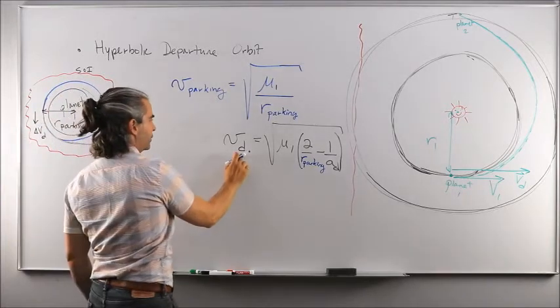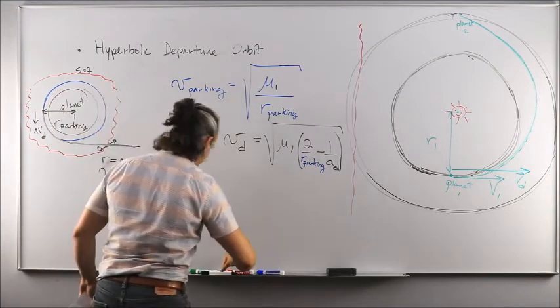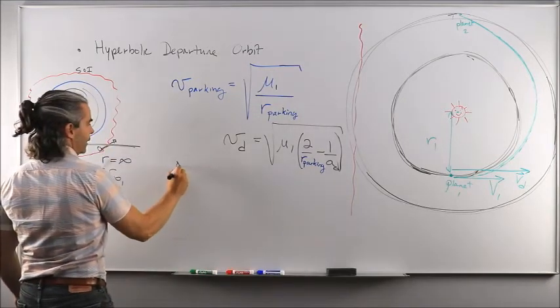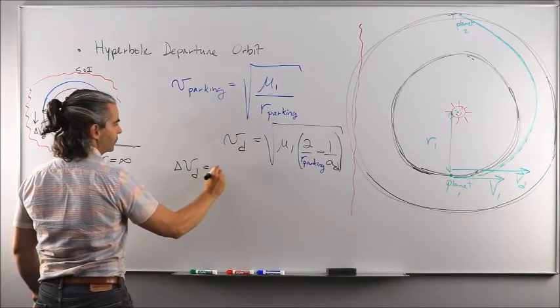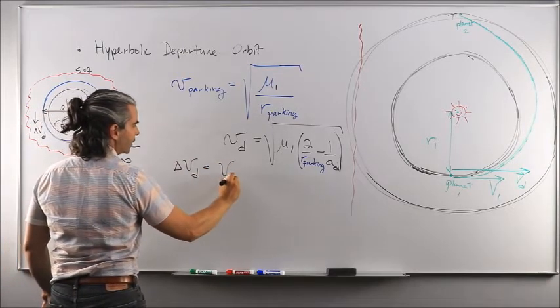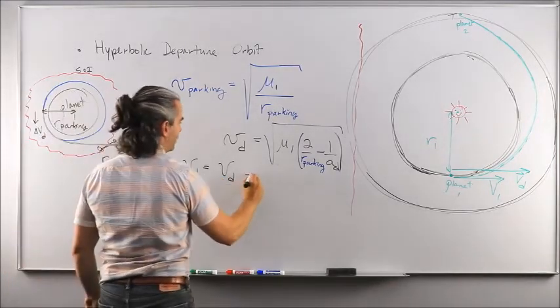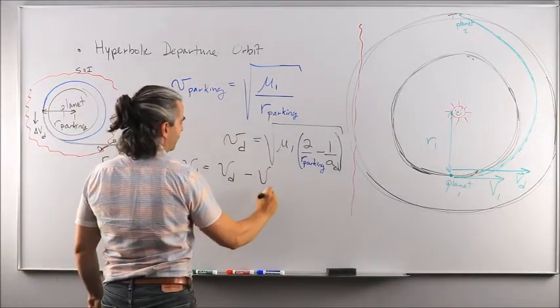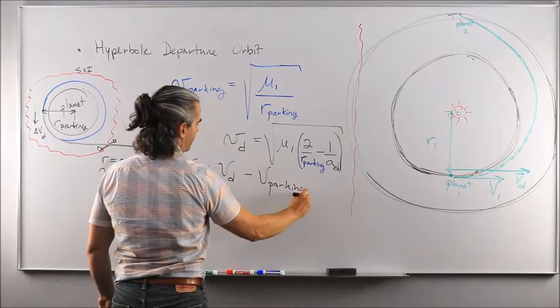Well, obviously this one is going to be much greater than that one, so ultimately we're going to write that the actual burn maneuver, delta V departure, will be equal to V along the hyperbolic departure orbit at its perigee, minus the speed along the lower parking orbit around M1.